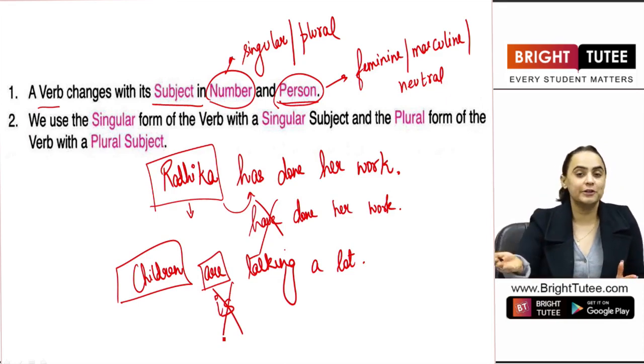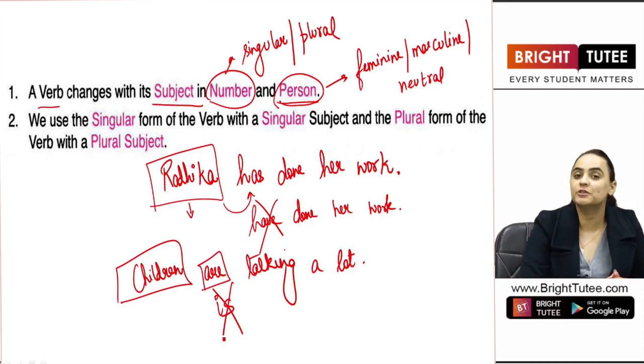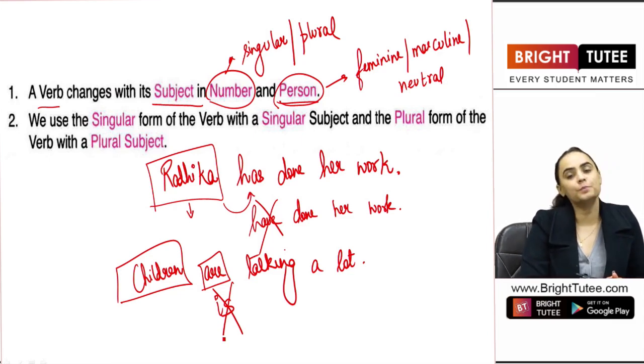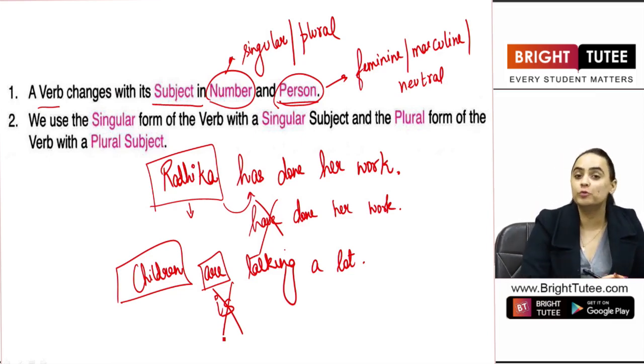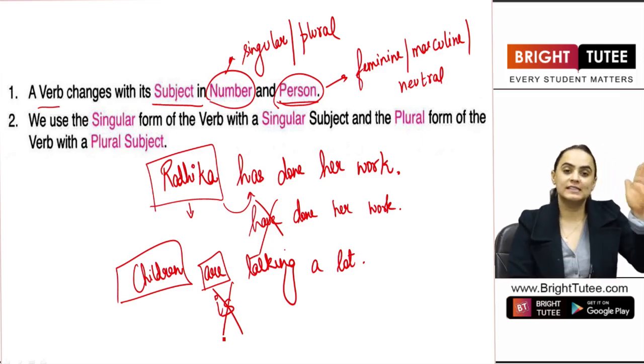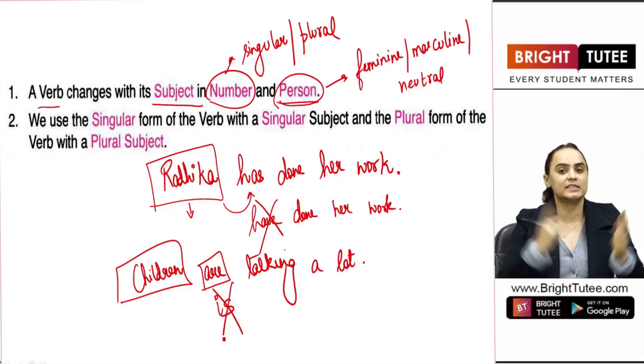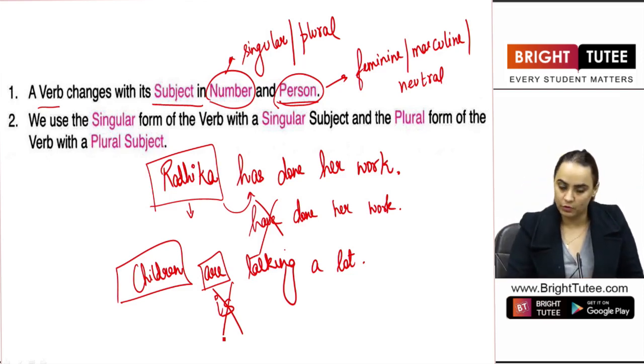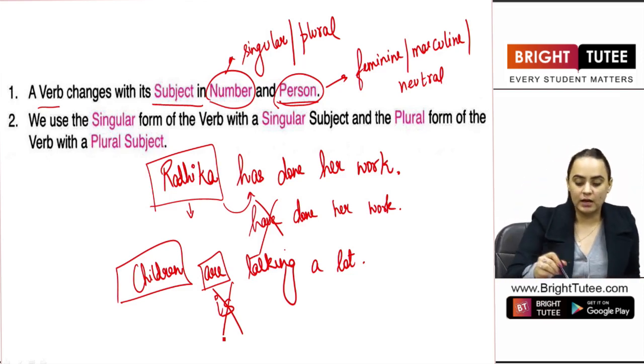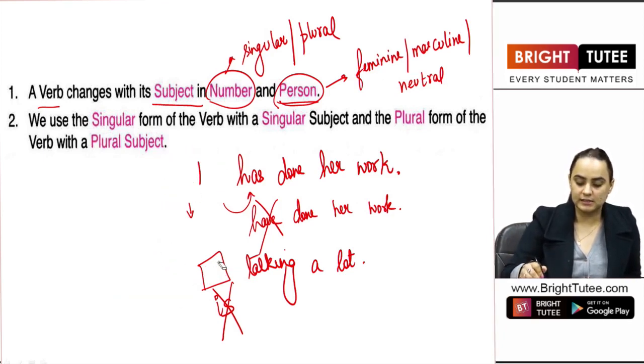Is, being a singular verb, is used with a singular subject, and a plural verb is used with a plural subject. So the first thing we should all know, singular subject takes a singular verb, plural subject takes a plural verb.